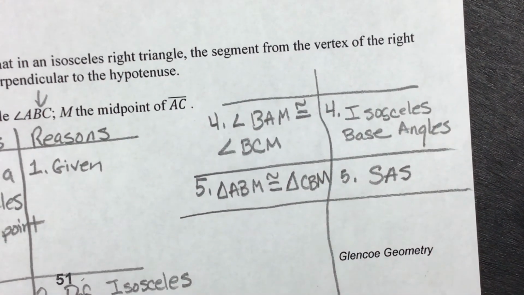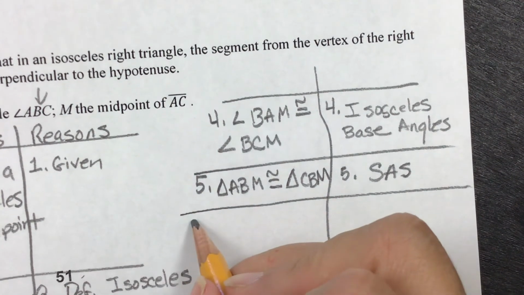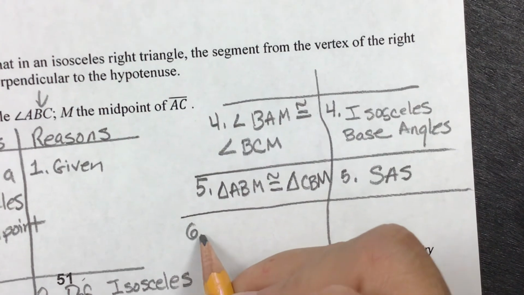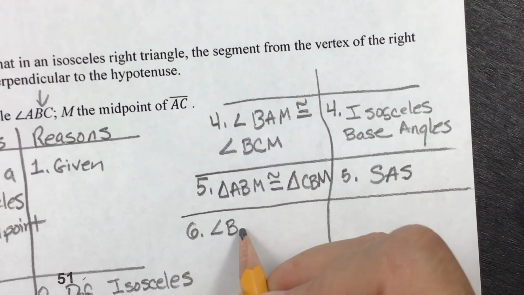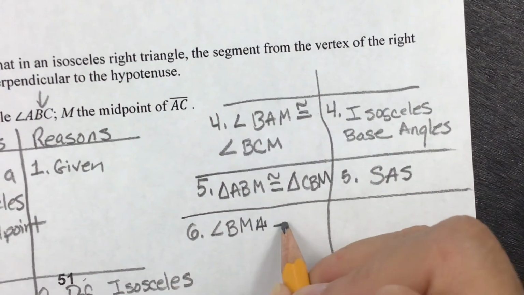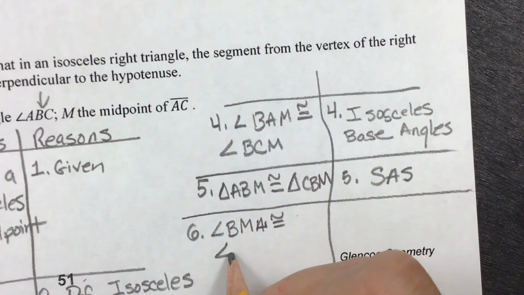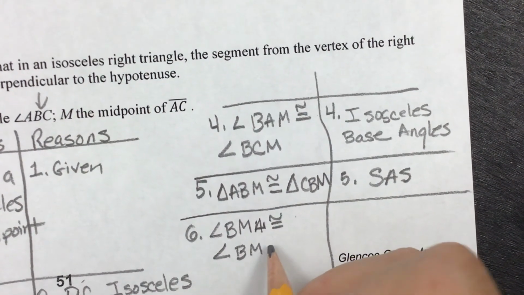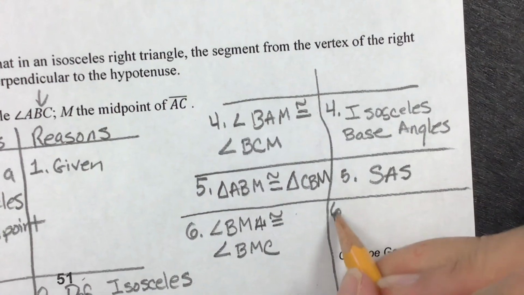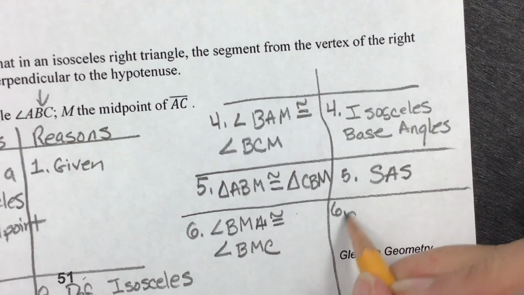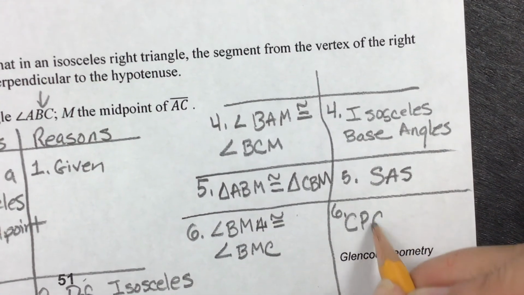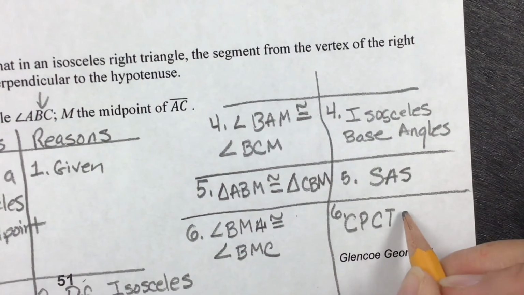Now that we have the two triangles are congruent and all the parts are congruent, including the angles, angle BMA is congruent to the angle BMC, and that's by corresponding parts of congruent triangles are congruent.